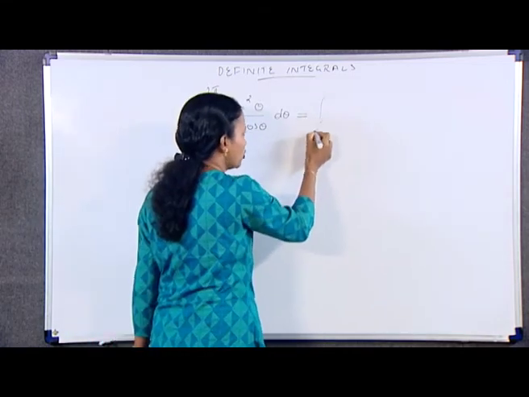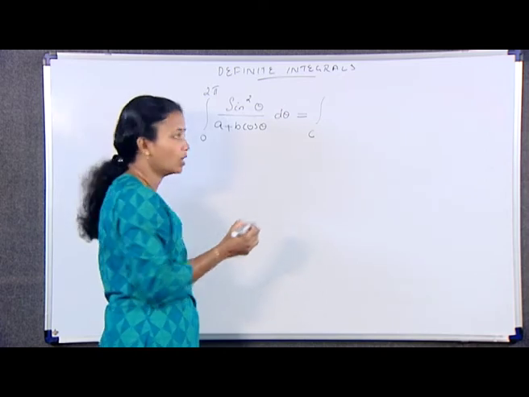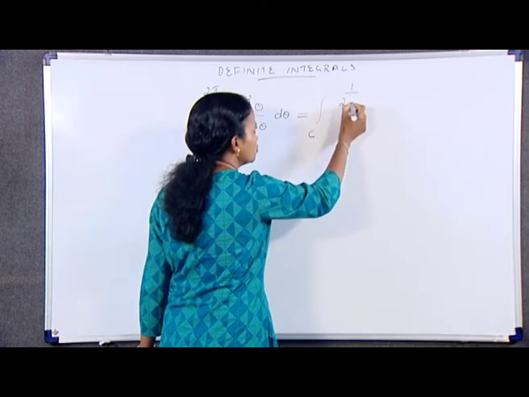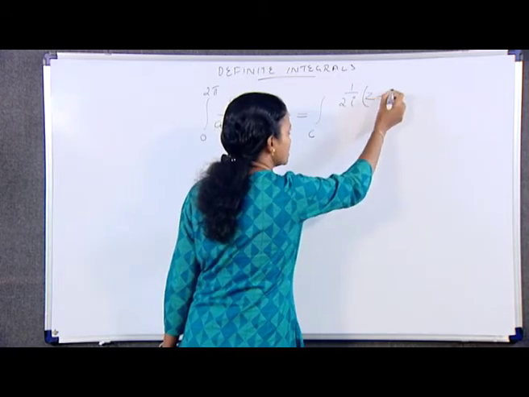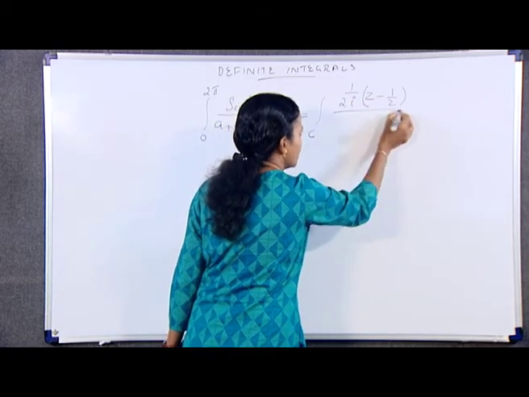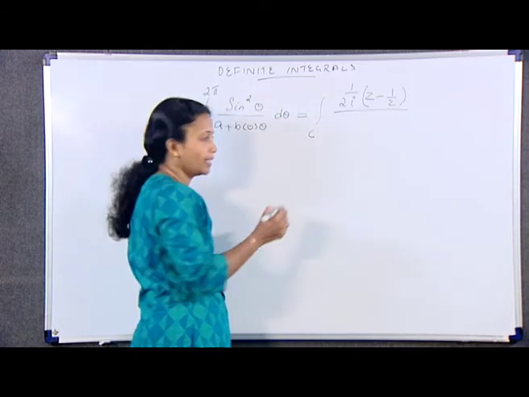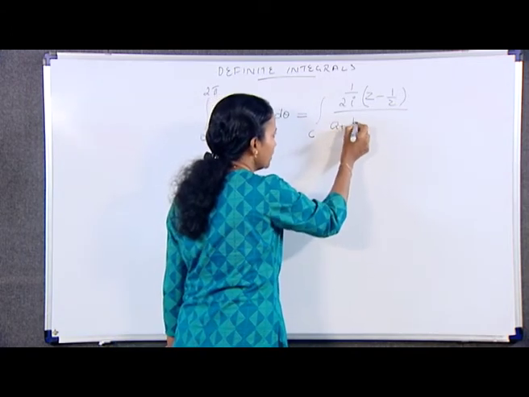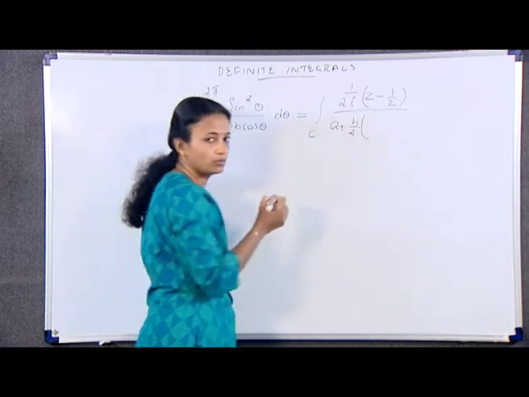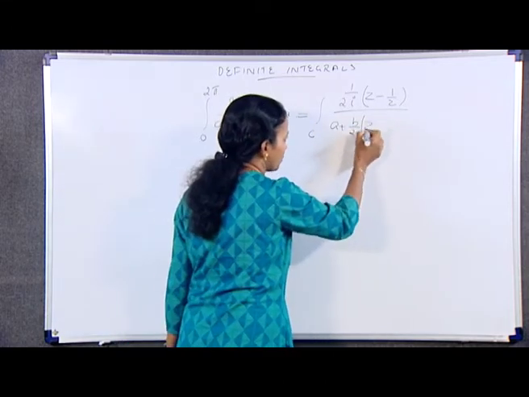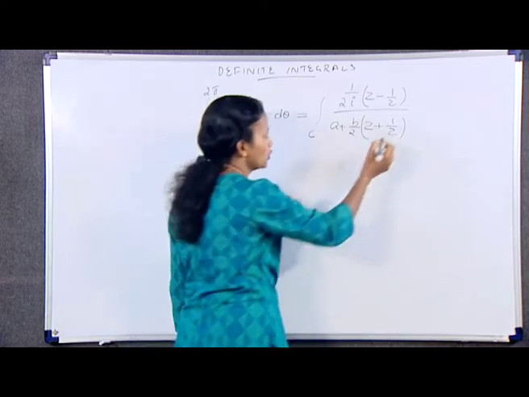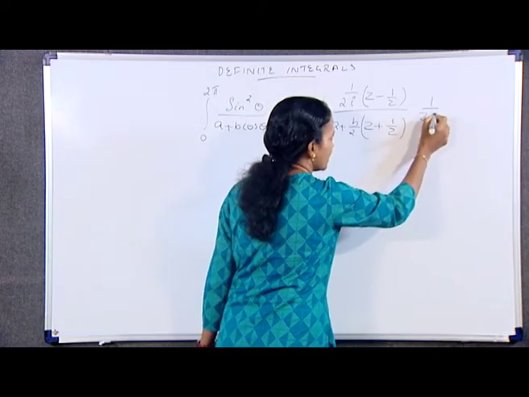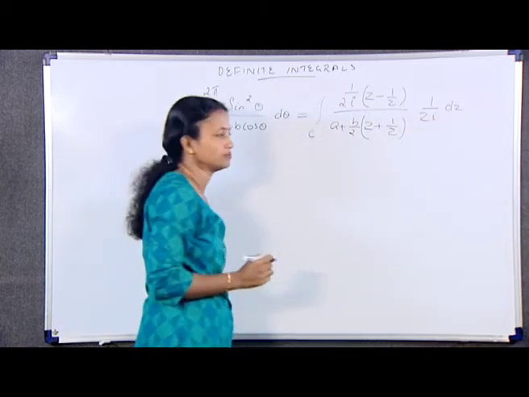integral over c of [1 by 2i into (z minus 1 by z)] whole square divided by a plus b by 2 into (z plus 1 by z) into 1 by iz dz.